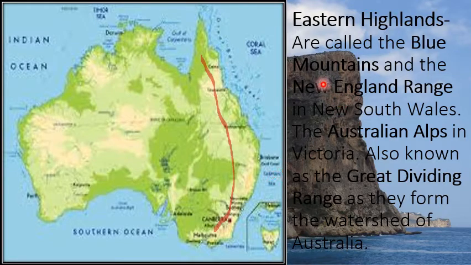As you can see here in this image, the vertical, straight slope is known as a steep cliff on the eastern side, which has sometimes flat and sometimes hilly coastal strips that are rarely more than 96 kilometers wide. The highlands are called the Blue Mountains and New England Range in New South Wales here. In Victoria, they are known as the Australian Alps.